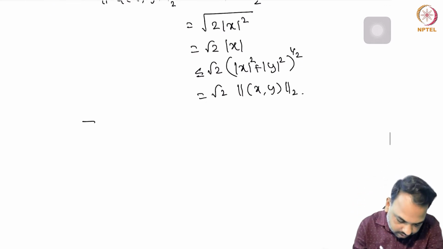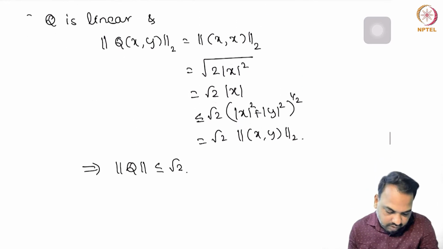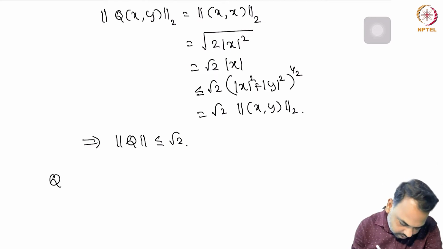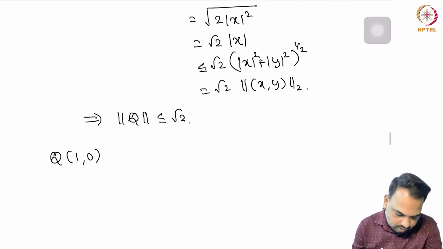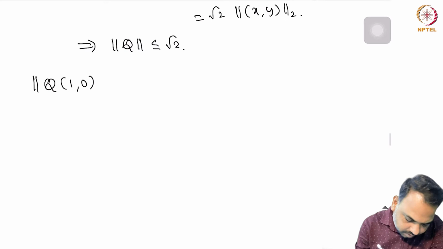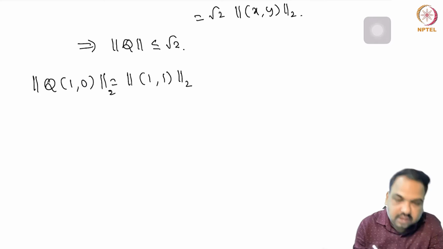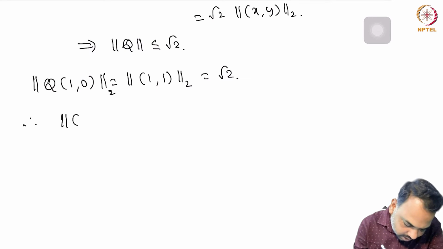So we can conclude that the norm of Q is less than or equal to root 2. Can we say that the norm of Q is exactly root 2? In fact, Q of (1, 0) has L2 norm equal to the norm of (1, 1), so this is exactly root 2. Therefore the norm of Q is exactly root 2.